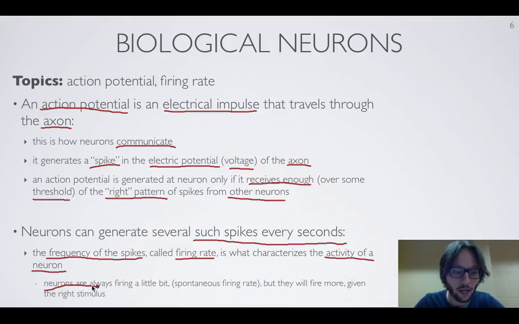Actually, neurons always fire a little bit, and this constant level of firing is known as the spontaneous firing rate. But they will fire much more given the right stimulus, that is, given the right pattern of firing rates in the other neurons it's connected to. Then our neuron might increase its firing rate and might generate many more spikes.